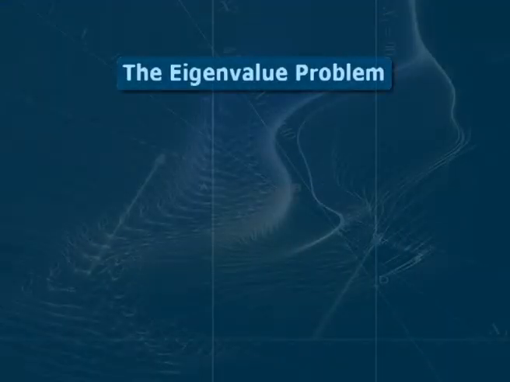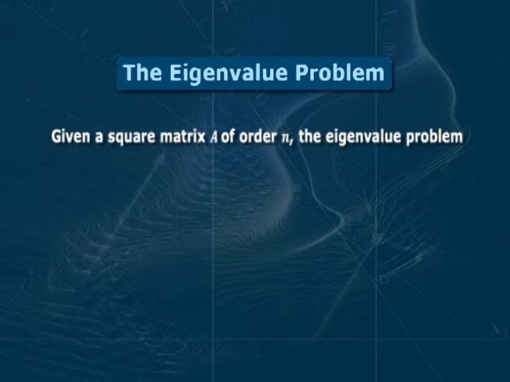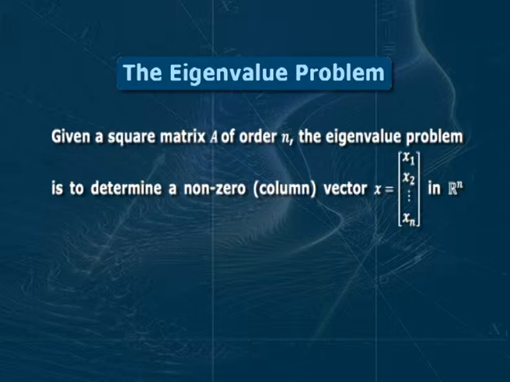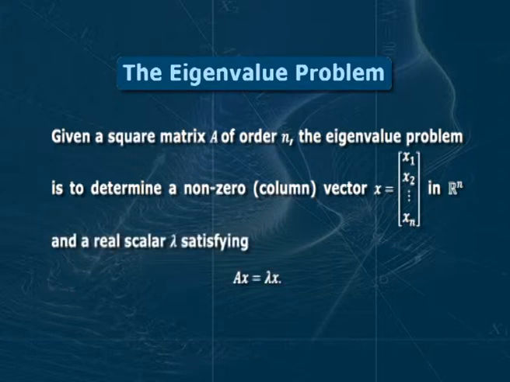With this little motivation, we now introduce eigenvalues through the eigenvalue problem. The eigenvalue problem. Given a square matrix A of order n, the eigenvalue problem is to determine a non-zero column vector x equal to x1, x2 and so on up to xn in Rn and a real scalar lambda satisfying Ax equal to lambda x.